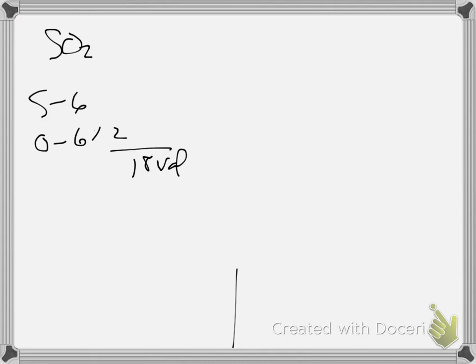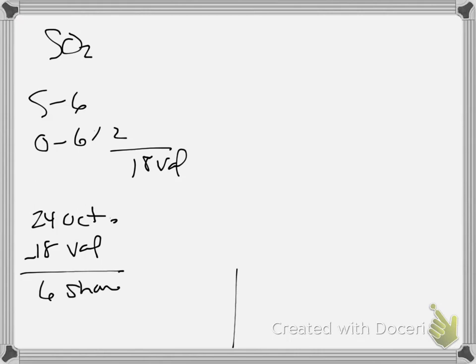If everybody was happy, 8 times 3, we would have 24 octet. So 24 minus the 18 valence, we get 6 shared. Divided by 2 gives us 3 bonds.